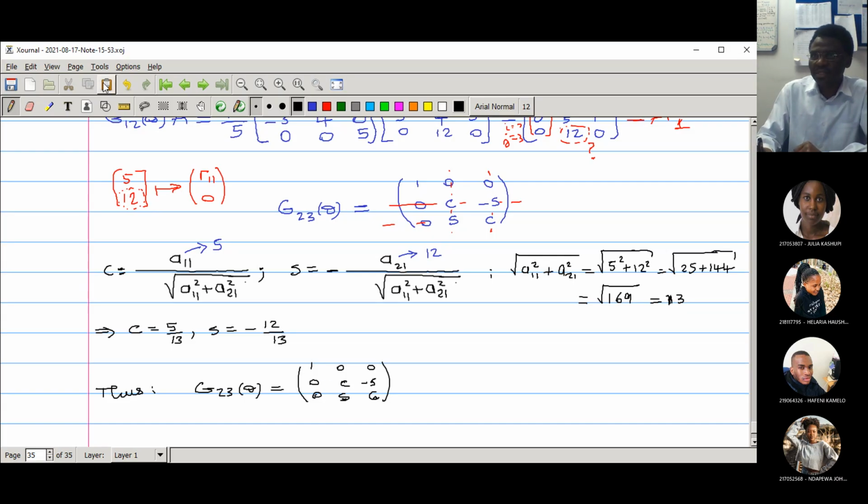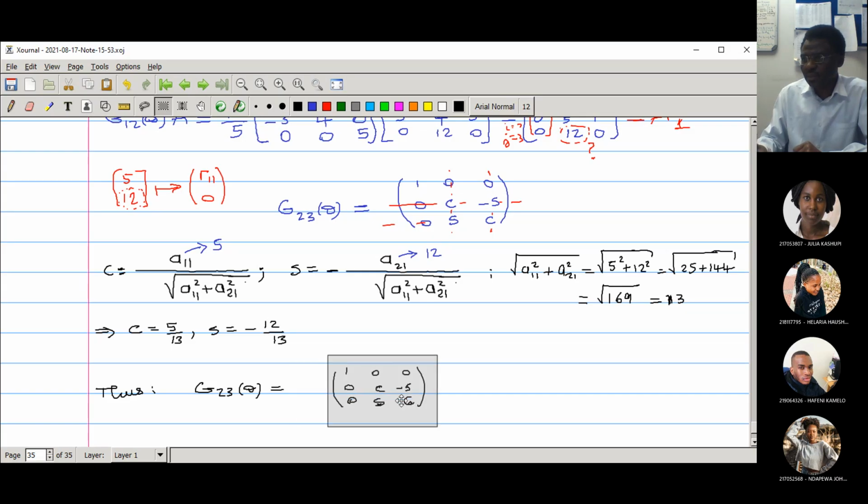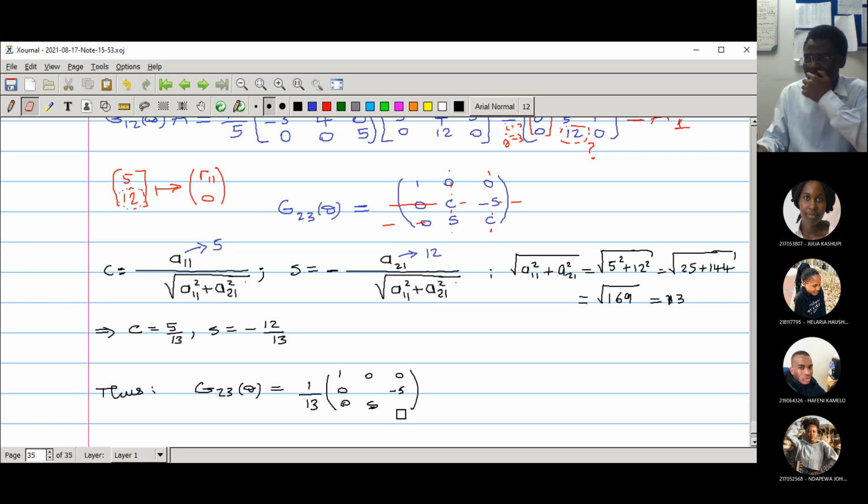All right, so you all understand that. I don't need to repeat it again. So I will just put that factor in front, 1 by 13, like this. And then I will replace this. We know already the value of C, the numerator of C is 5. So this will be 5, 5.